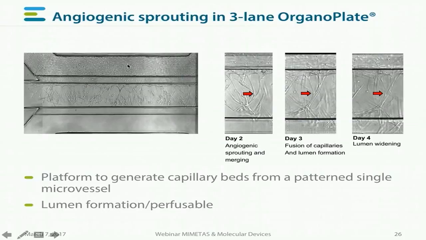What happens then is that the cells start to sprout towards the high concentration of angiogenic factors. First they start to sprout, you get fusion of capillaries and lumen formation, and finally the lumen is widened. The end result is a vascular bed which grows through the extracellular matrix gel here in the middle towards the adjacent channel which is perfused.